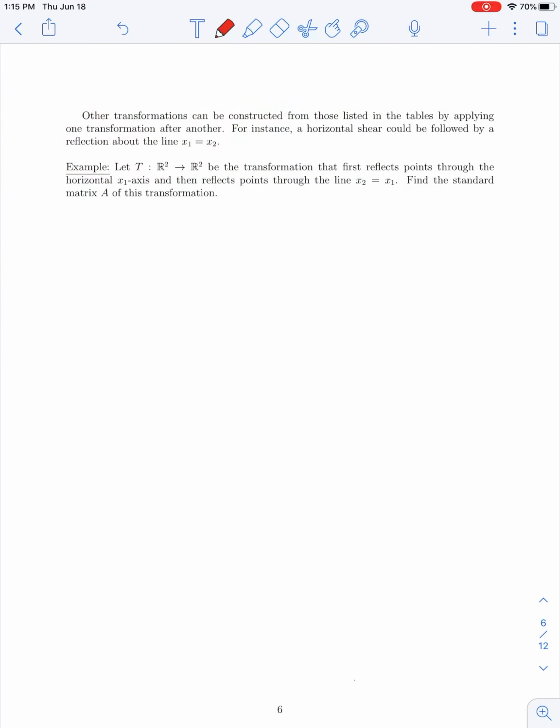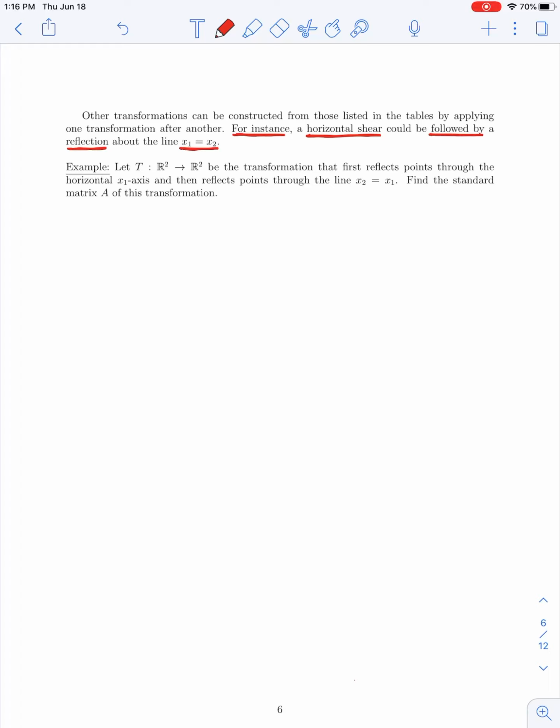So as an example, we could consider a transformation which consists of a horizontal shear, which is then followed by a reflection about the line x1 equals x2.